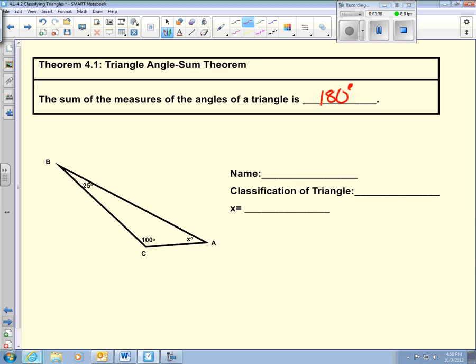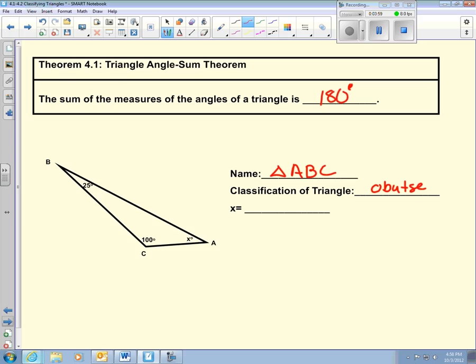All right, so let's go ahead and name this triangle here. It's triangle ABC. Again, we're naming it by its corners, its vertices. And let's classify this. We have one angle that's 25, one that's 100, and one unknown one, but we know that the angle that's 100 is obtuse. And so we only need one obtuse angle to classify this as an obtuse triangle.